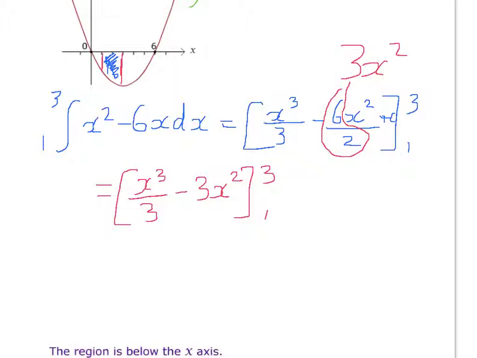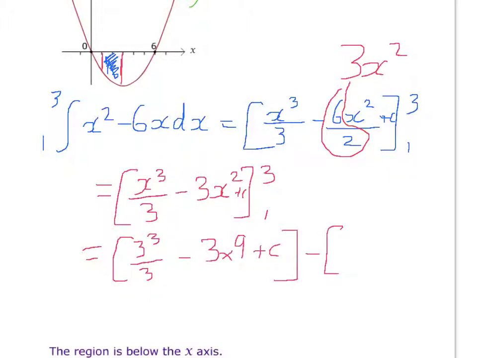There we go, just tidied it up a little bit. So 3 cubed over 3 minus 3 times 3 squared, well 3 squared is 9, plus c, and we're taking away from that 1 cubed over 3 minus 3 times 1 squared, so 3 times 1, plus c.